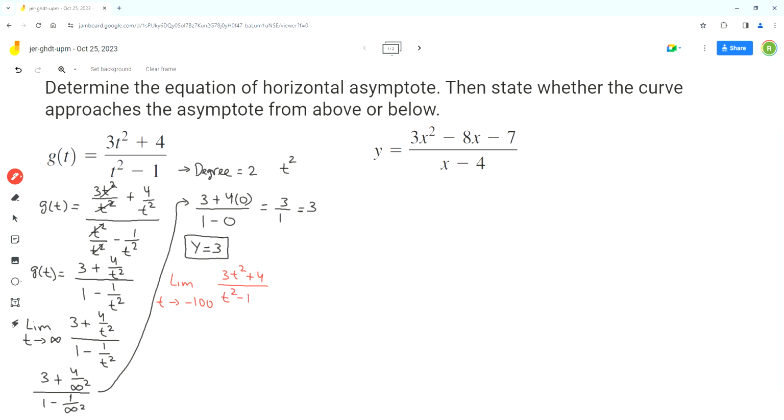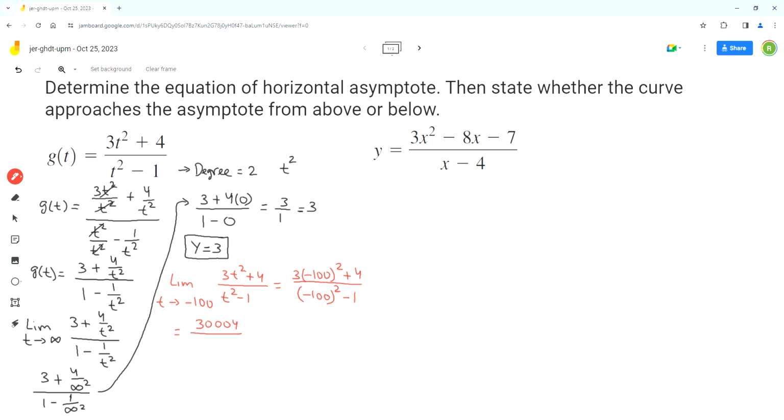Now we can apply the limit. So we get 3 times negative 100 squared plus 4 over negative 100 squared minus 1. Now we can evaluate the numerator. Negative 100 squared is 10,000, so 3 times 10,000 plus 4 is equal to 30,004.